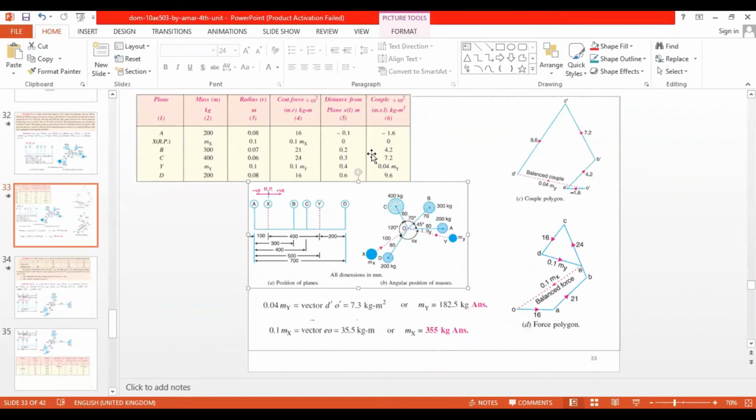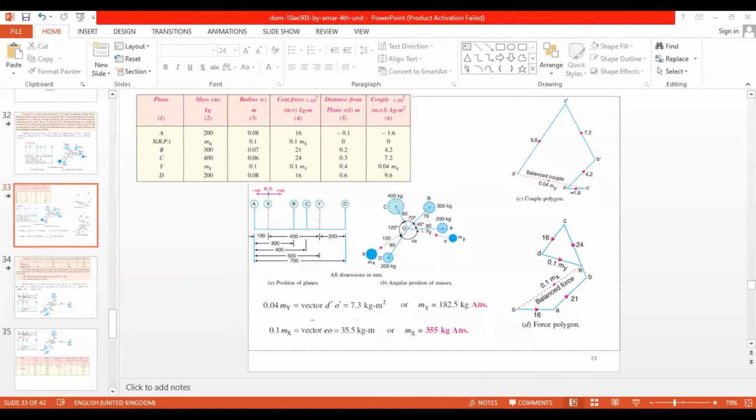Based on this, you will draw the magnitudes. I will start from any point O. These two polygons we need to draw in order to find the masses, because with two unknowns we need two formulas, so we need two diagrams. Which one do you think is better to draw first, the couple polygon or the force polygon?